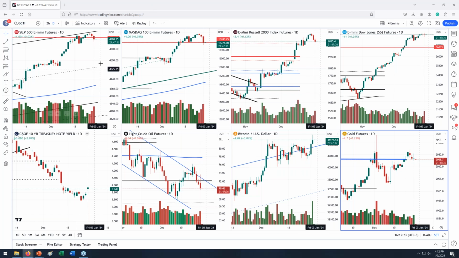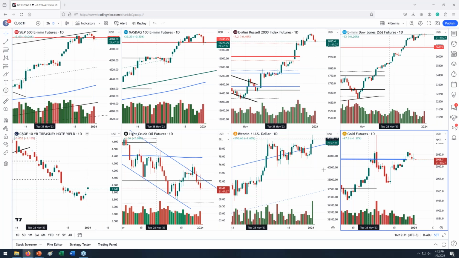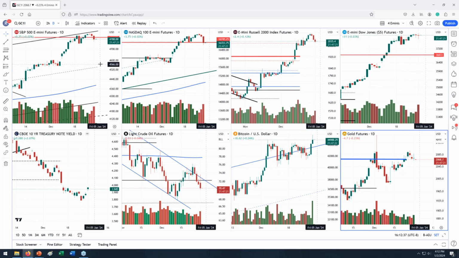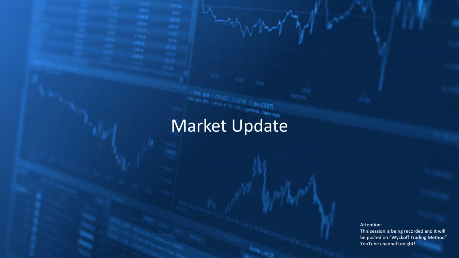What we're seeing lately is definitely some portfolio rotation, some profit taking, reshuffling of the portfolios at the beginning of the year. And that's being reflected in the price and the volume. All right, done with that.